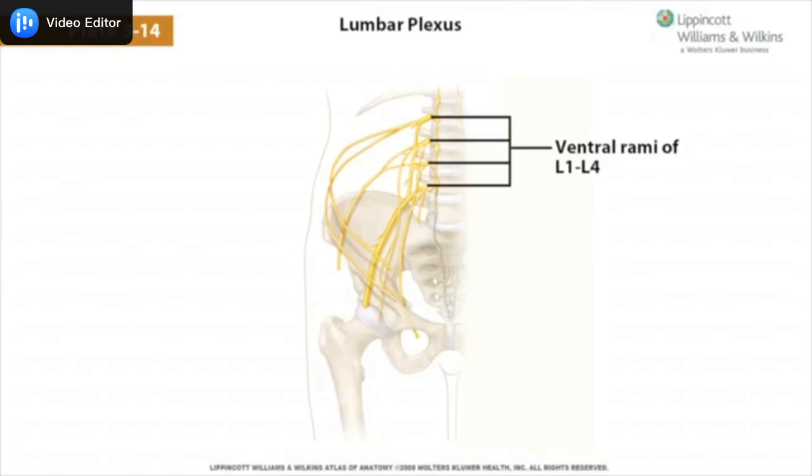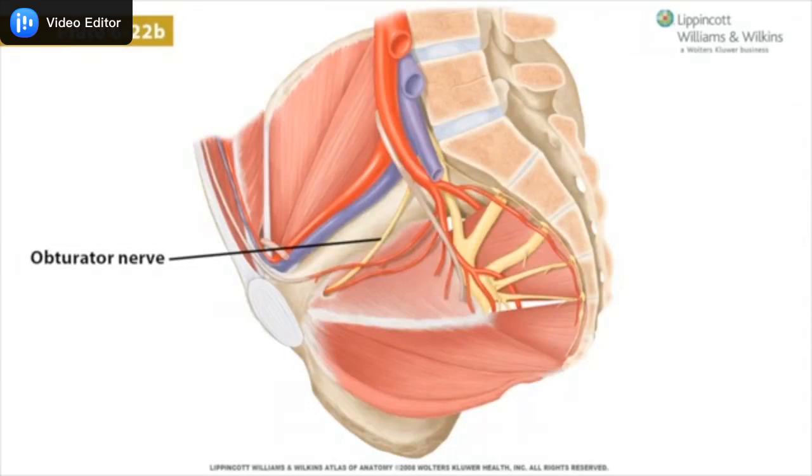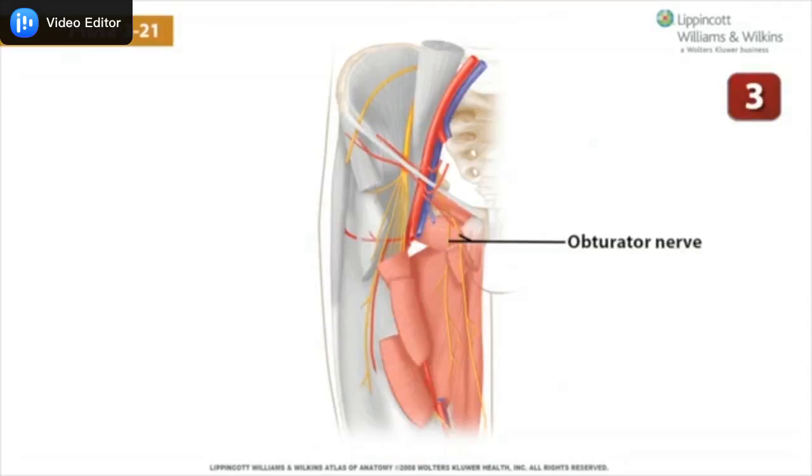The ventral divisions unite to form the obturator nerve, which descends into the pelvis and passes through the obturator canal, a tunnel through, in order from medial to lateral, the obturator internus, the obturator membrane, and the obturator externus. The obturator nerve provides motor innervation to the obturator externus, but not to the obturator internus. The obturator nerve then enters the medial compartment of the thigh.